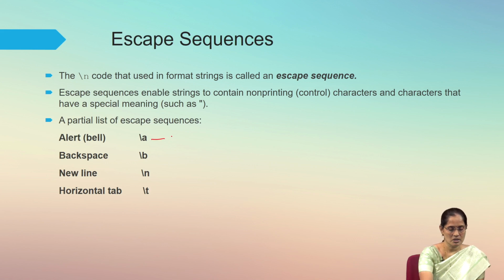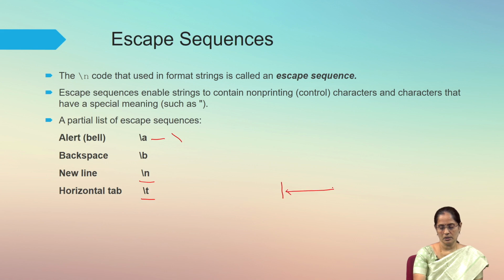All the escape sequences start with the symbol \. \b gives a backspace, it will move the carriage back, and \n will be used for giving a new line, it will start a fresh line and then start its display. Then \t gives a tab space of 8 characters. Supposing the display is here and I want to give some space of 8 characters, we can make use of the escape sequence \t.